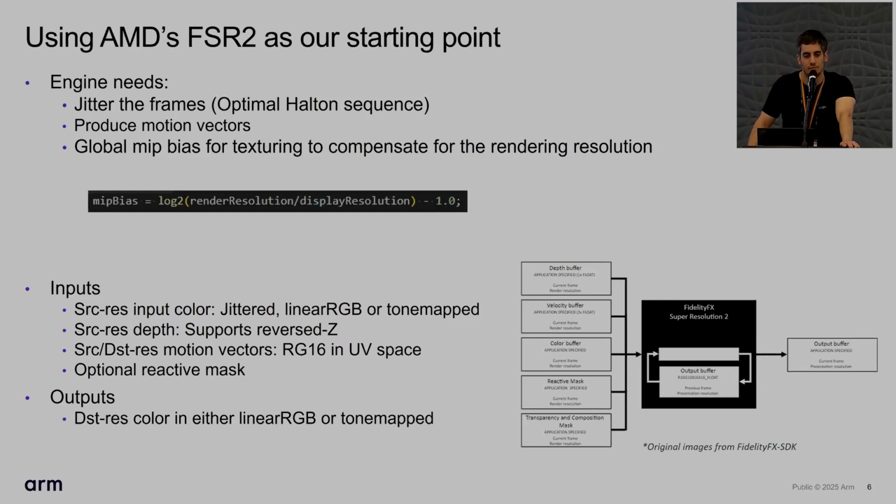If you've done anything with upscalers, you know that there are things like translucent particles that don't provide depth information and motion vectors, and without that data it's pretty complicated to reproject to the previous frame. So we kept this concept of the reactive mask, so the user has some flexibility and an entry point to the upscaler to specify which areas don't have to use that much history information. And ultimately, the output is your upscaled image, which can be either HDR data or tone mapped.